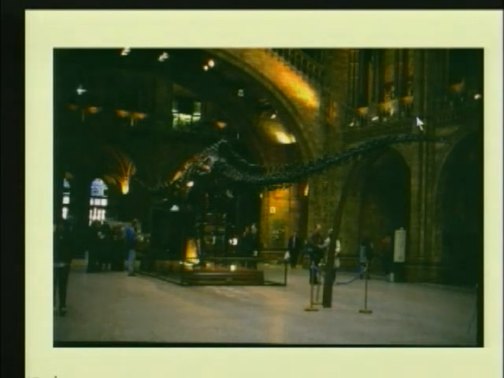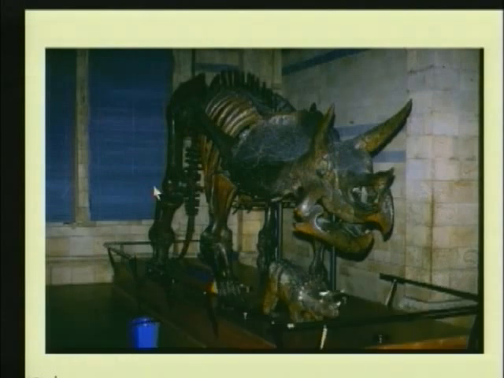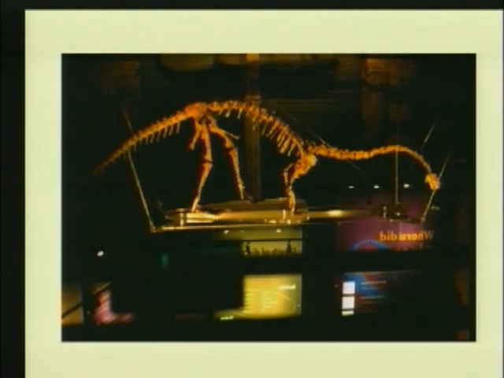I mean, it's enormous. There's a human being, and it stretches from way in here in this main hall all the way to the back there. They were gigantic. Or this Triceratops over here, they were huge and they existed. They don't live today, but they did exist then.